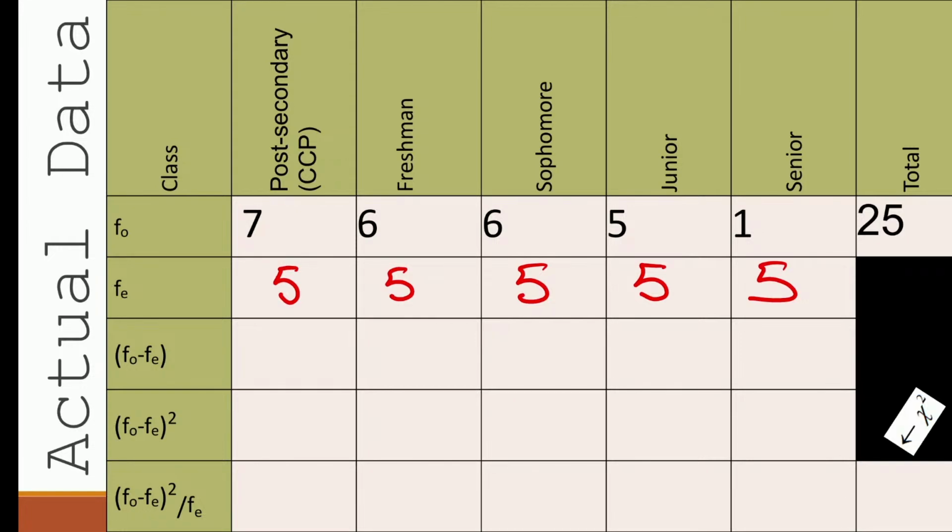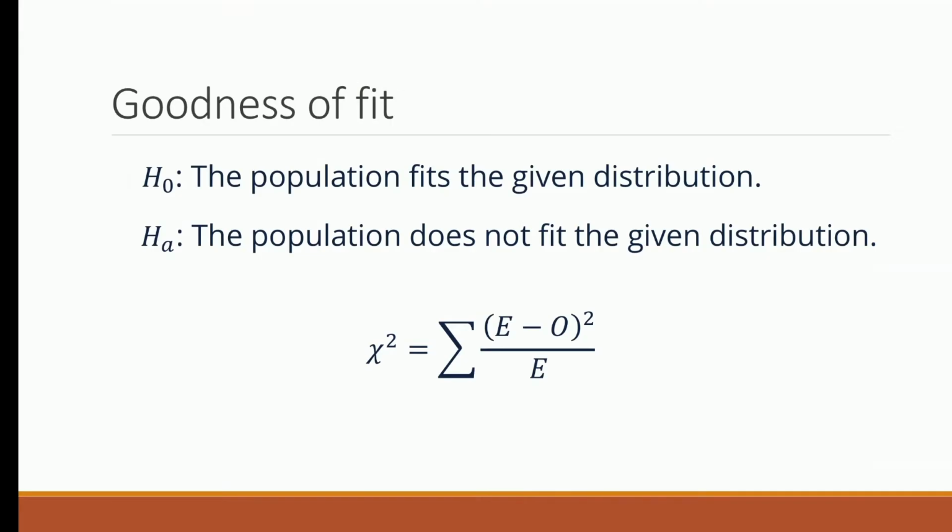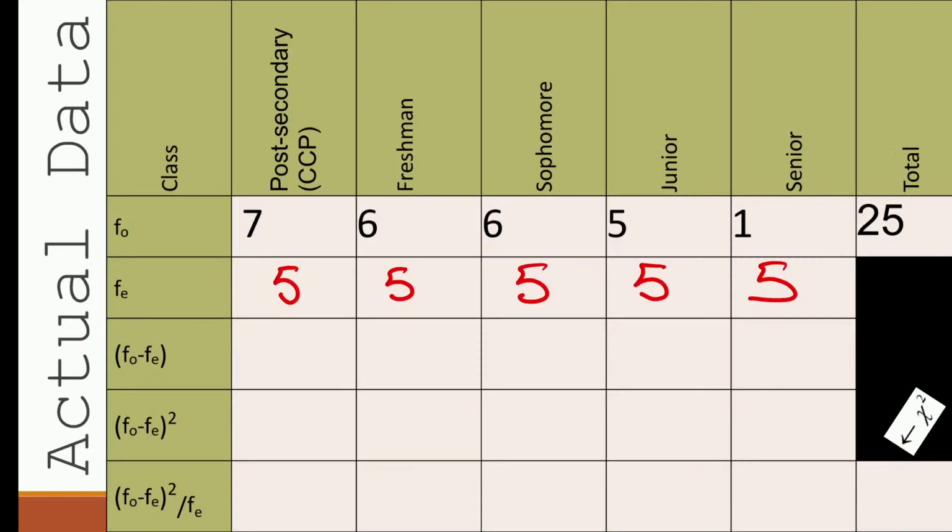It's huge. Okay, next, going back to the formula, you'll notice that you do the expected minus the observed and you square it. I've done this on 2 lines. The first thing is observed minus expected. It's the same idea. If it bothers you, you can do expected minus observed, but it's not going to matter in the end.